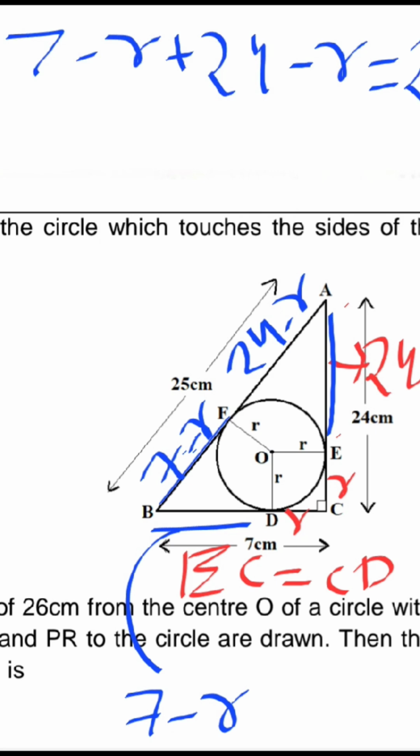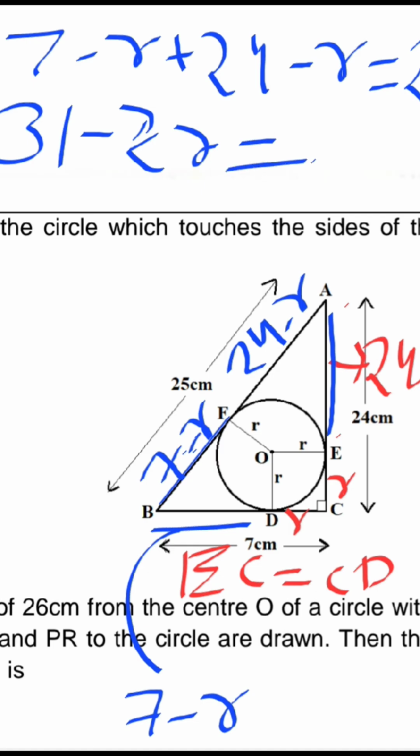So 7 plus 24 is 31 minus 2r is equal to 25.